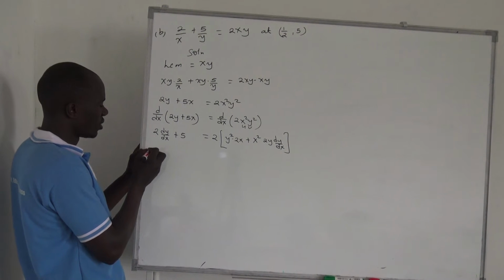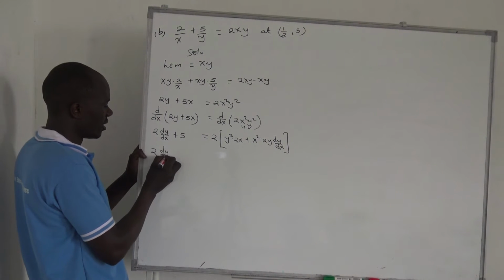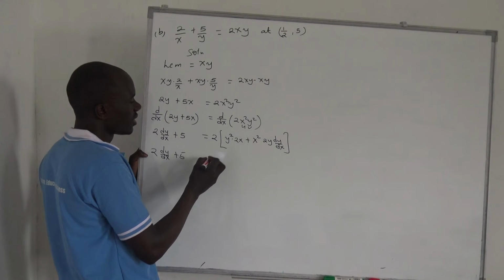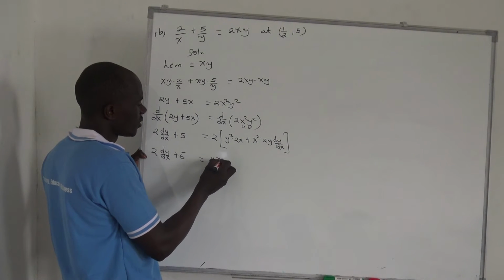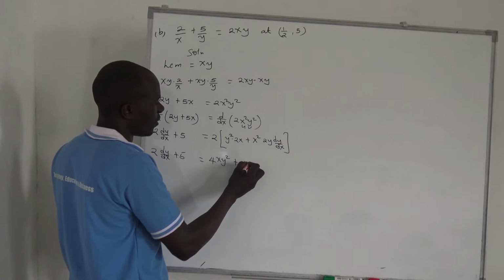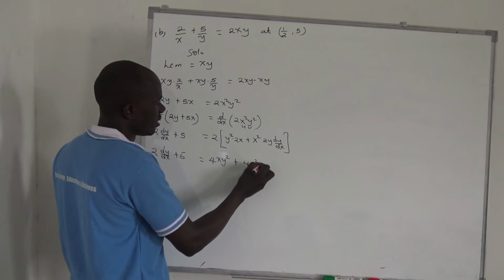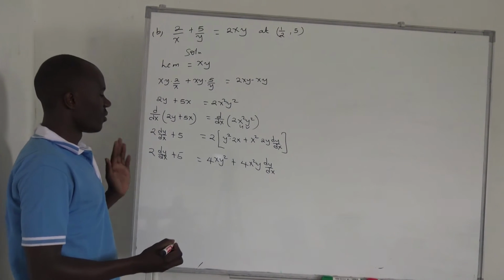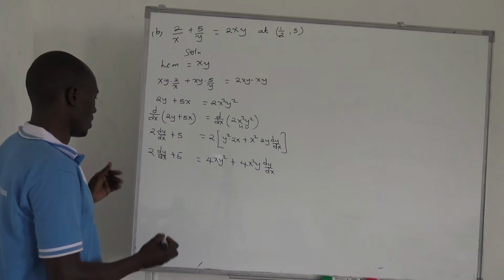What do we get? We get 2 dy/dx plus 5 equals 4xy² plus 4x²y dy/dx. Now, those ones with dy/dx, you can bring them together.